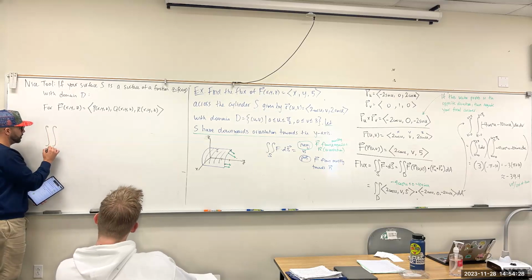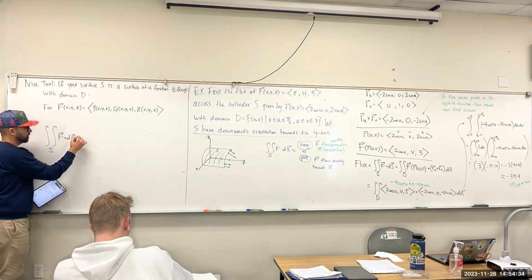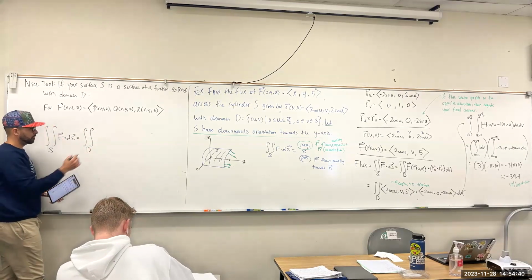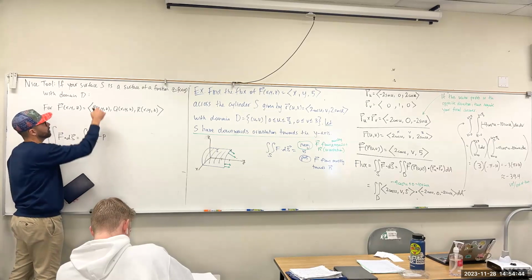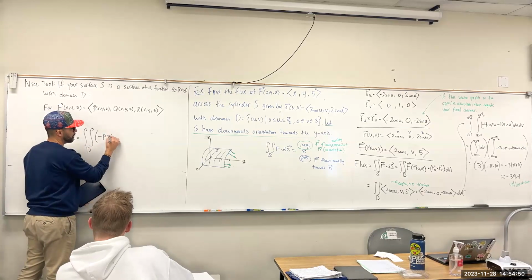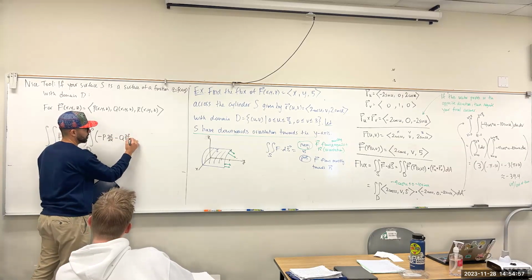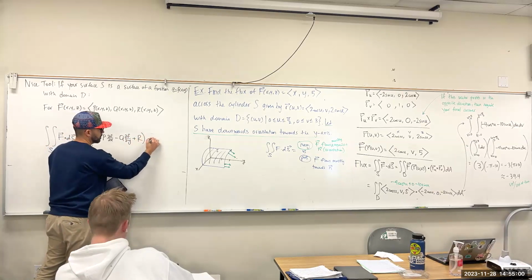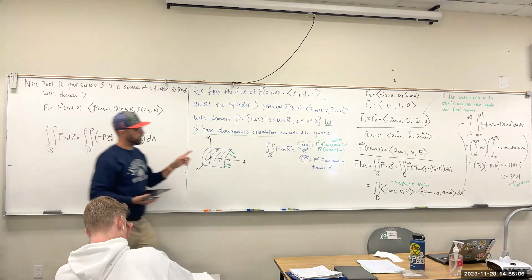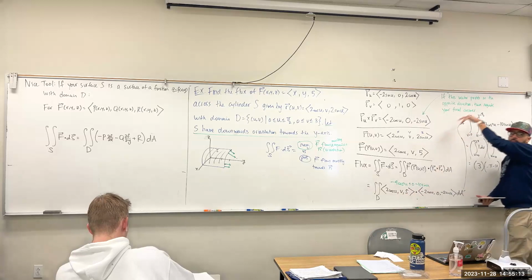It turns out that if I want to do the flux across that surface, there's a nice formula for it, where it's the double integral over D of negative P times the partial of f with respect to x, minus Q times the partial of f with respect to y, plus R. The shortcut is that it gives you the final function, and you don't have to do all this.